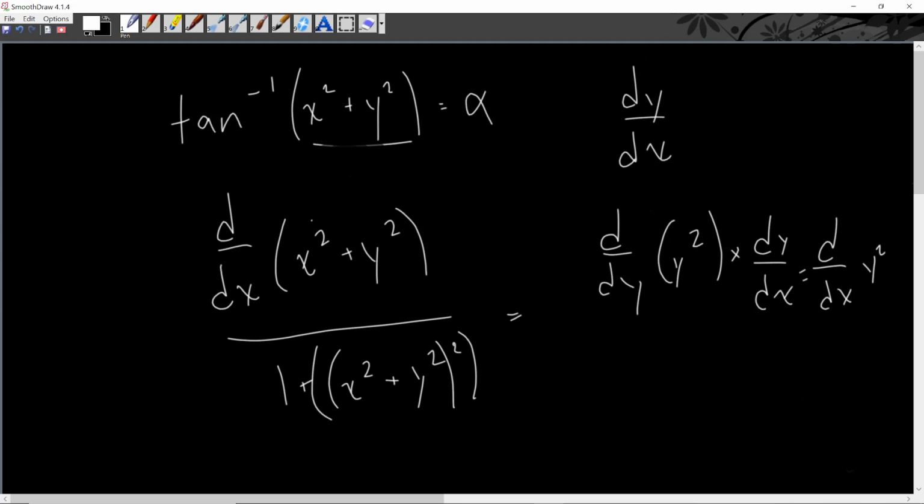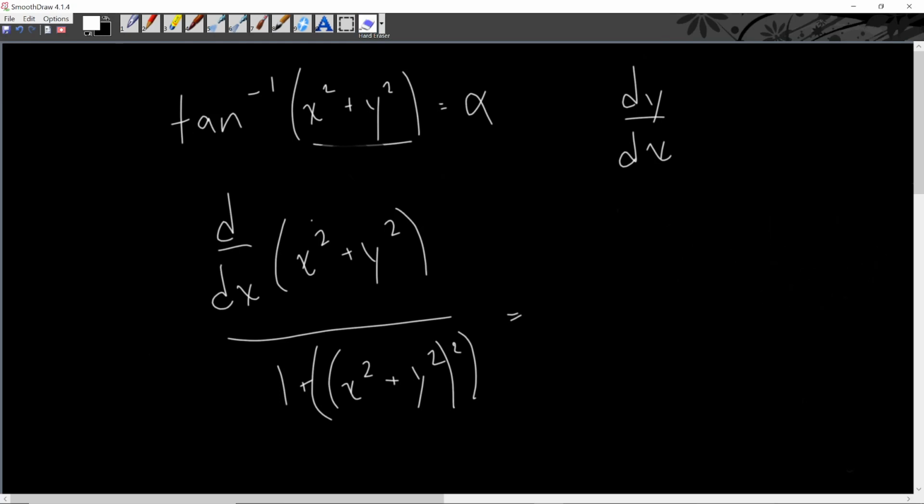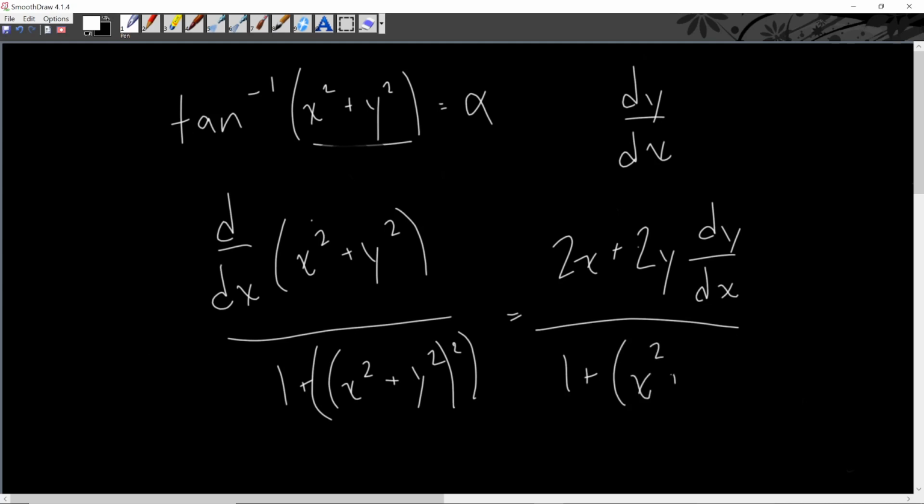So from here, d dy of y squared, same idea as 2x, it's just going to be a nice and simple 2y dy dx. So we have 2x plus 2y dy dx all over 1 plus x squared plus y squared squared.